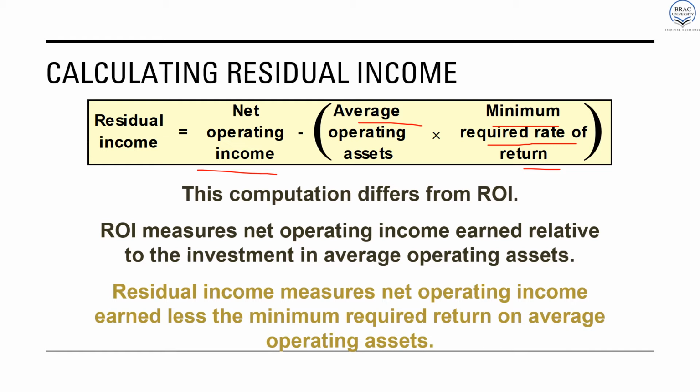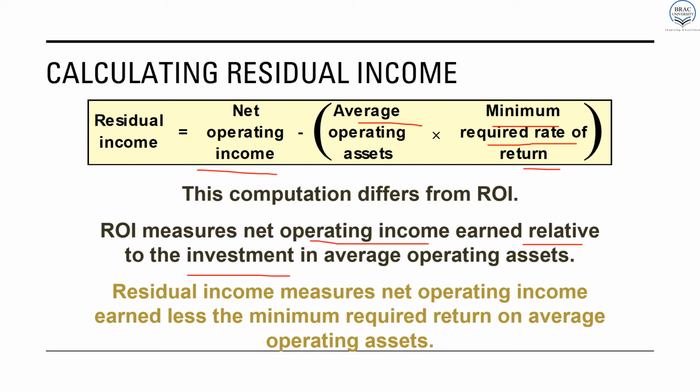This happens when you are making investments. You set some targets, that after making $1,000 of investment or $100,000 of investment, I'm expecting to get 10% minimum return. That is the minimum required rate of return. This computation is quite different from ROI, where we measure net operating income relative to the investment in operating assets.